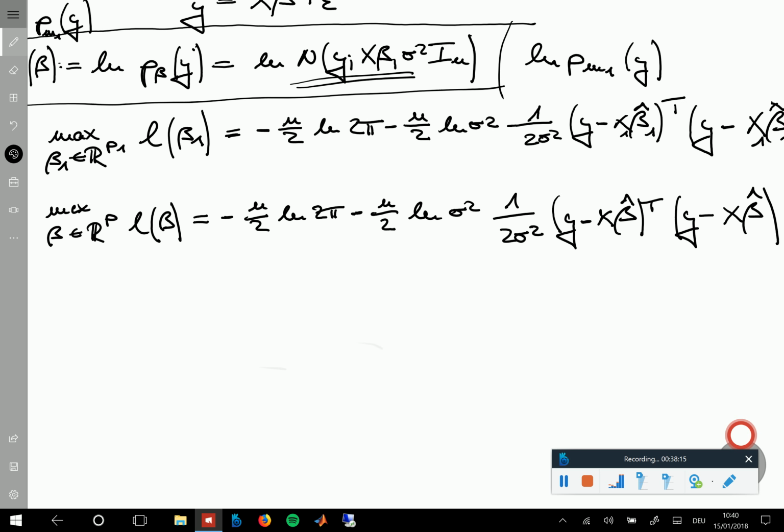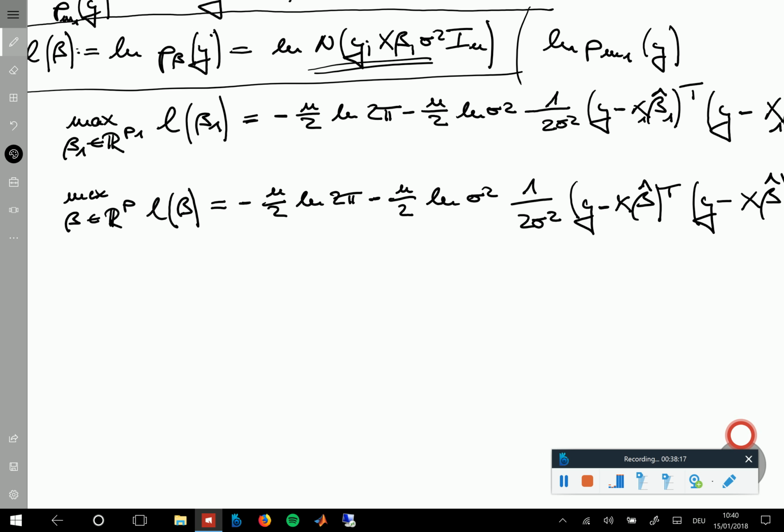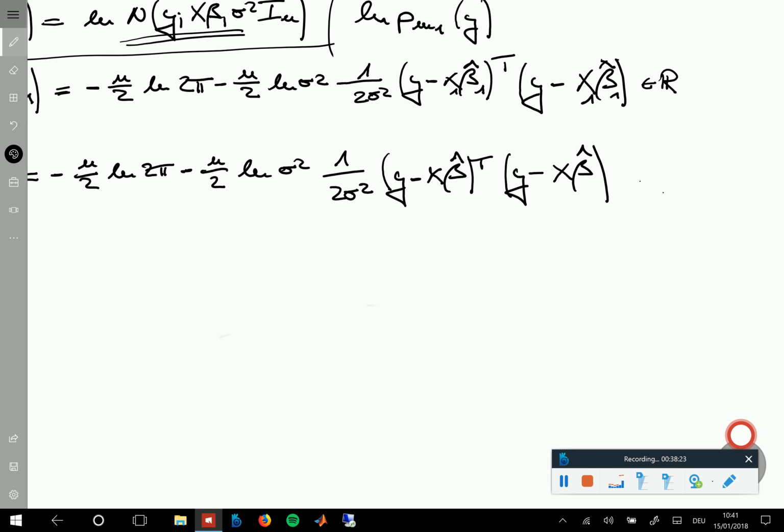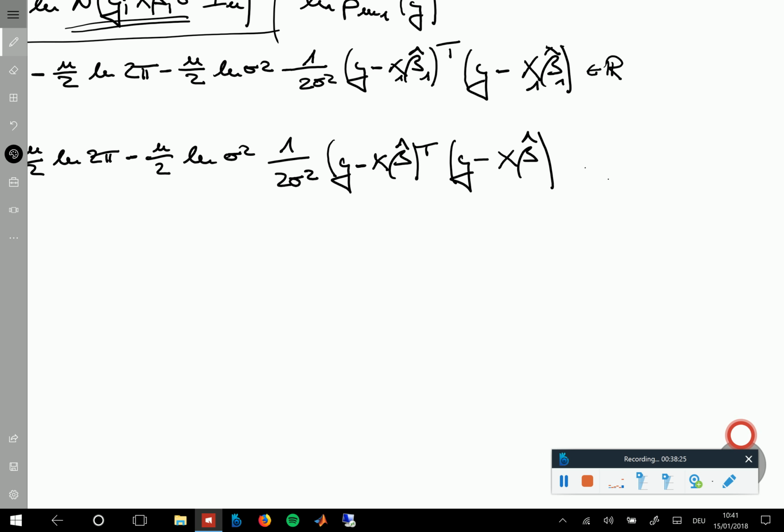To now get the whole thing even closer to the F statistic, it's helpful to define so-called residual sum of squares and residual errors.